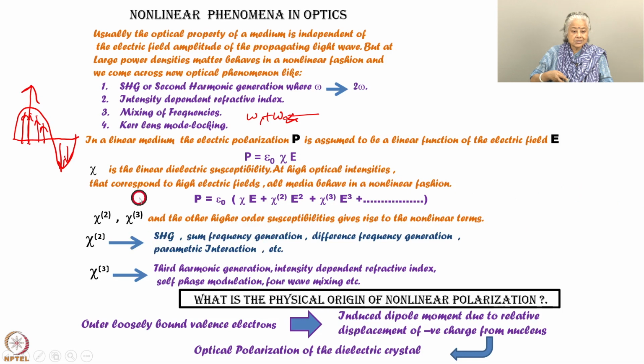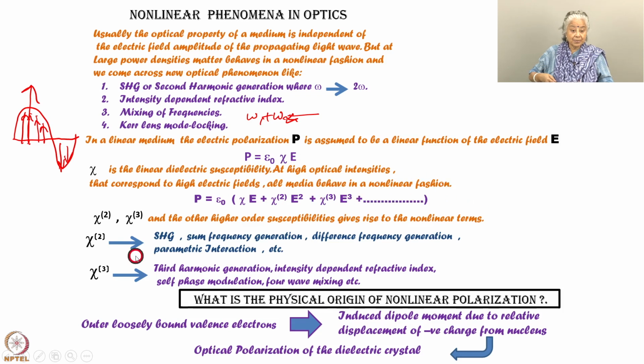So, we will limit ourselves to chi 2 and chi 3 because most of the interesting effects take place within these. At higher and higher orders, chi 3 is smaller than chi 2, chi 4 is smaller than chi 3, chi 5 is smaller than chi 4, and so it goes on. So, a smaller and smaller value comes into being, and they can be neglected, and nothing much happens in the medium because of that.